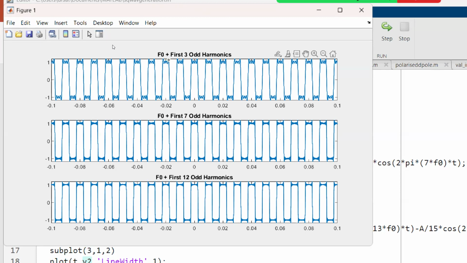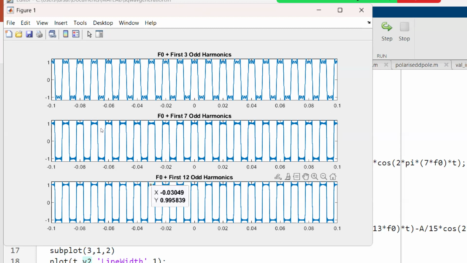But this ripple or fluctuation in the amplitude is going to reduce if we increase the number of odd harmonic terms. Even from 3 to 7, this fluctuation is going to reduce. Similarly, when we have taken 12 odd harmonic terms, it is reducing further, right?